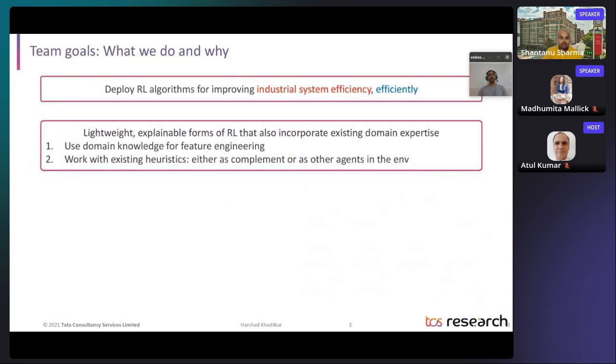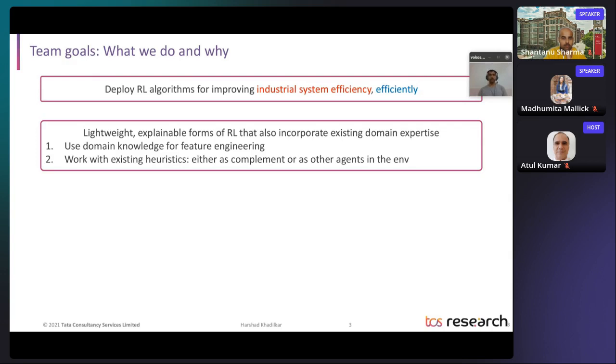So what my team focuses on is deep reinforcement learning algorithms for improving industrial system efficiency efficiently. When I talk about that, I am talking about improving the efficiency of industrial operations such as logistics or transportation systems, and doing it efficiently, that is with fewer computational resources and smaller training times.